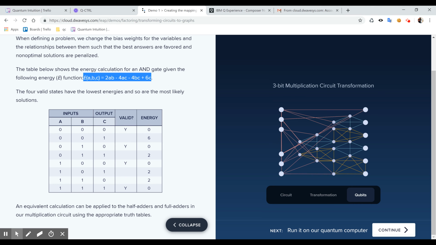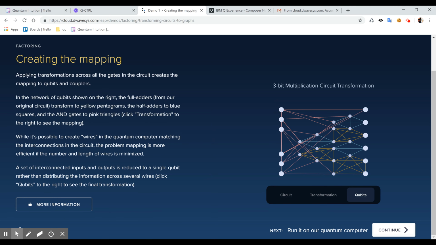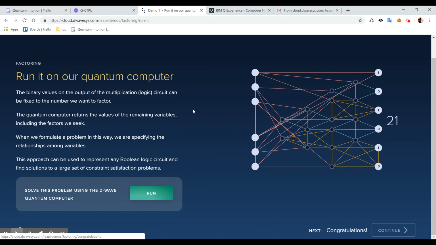There's probably already a catalog of the basic things you can build in terms of the basic equivalent of classic gates. Okay, yeah, not that bad. And then there's a similar thing you can do for the half adders and the full adders. Continue. So run it on our quantum computer.